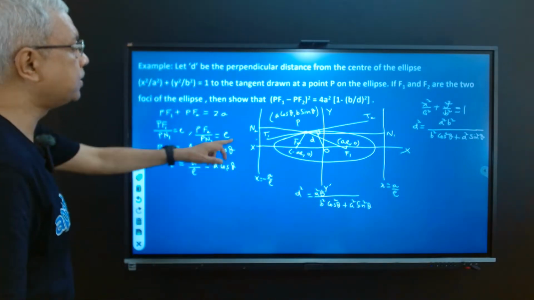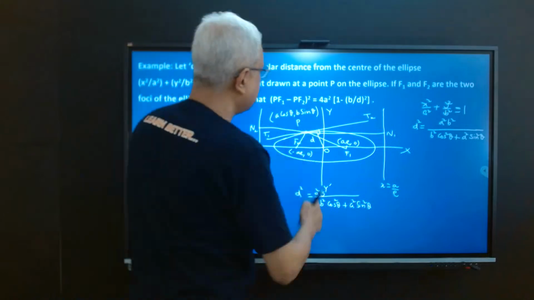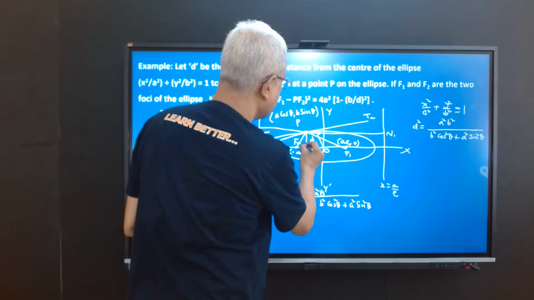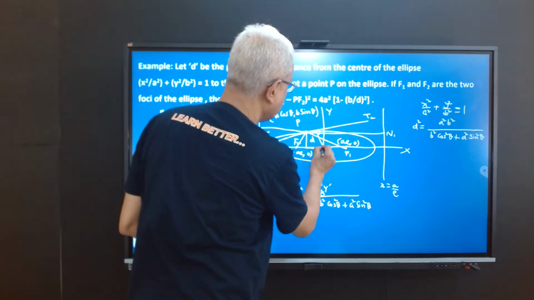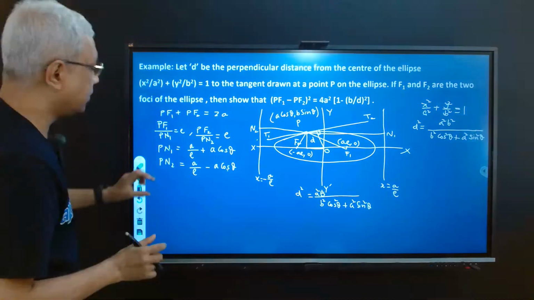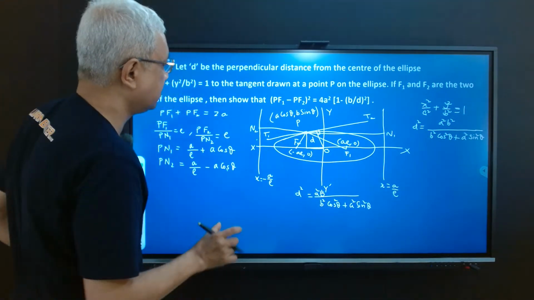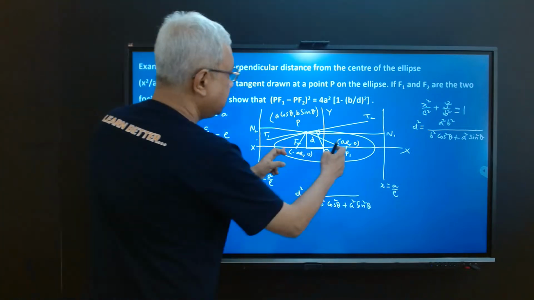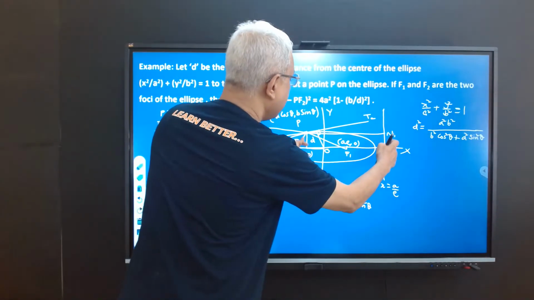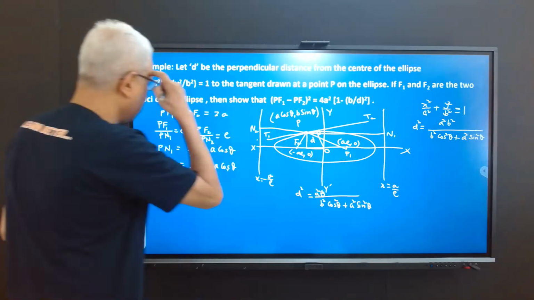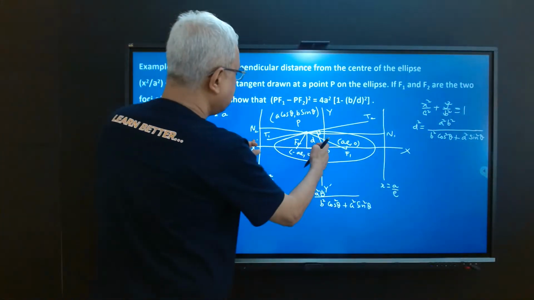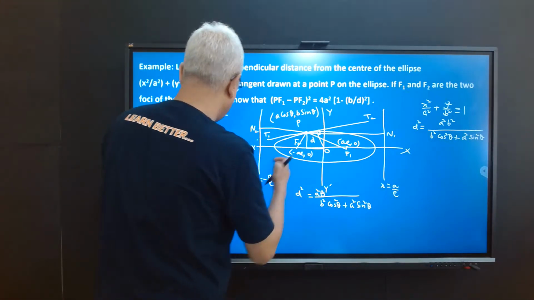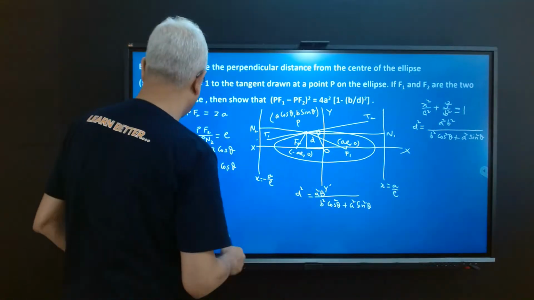Okay, so P's coordinate is a cos theta, b sin theta. So the distance OP along x is a cos theta, because this is the x coordinate of P. So this distance PN1 is a cos theta plus a by e, and this distance is again a by e. So this distance PN2 is a by e minus a cos theta.